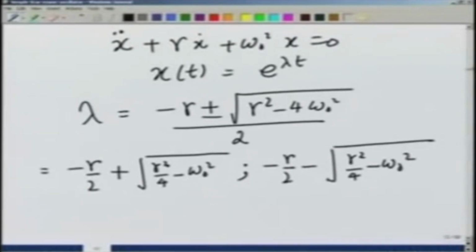Depending on the relationship between gamma and omega, the motion is going to be different.